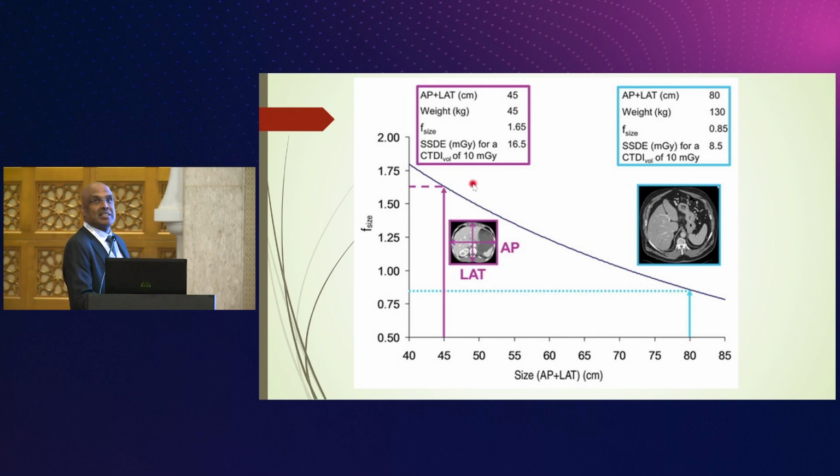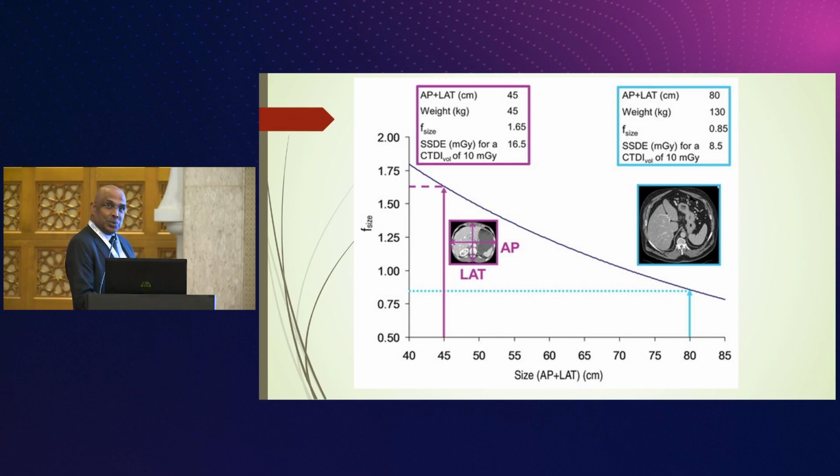The conversion factor tells you, because of the patient size, how much more or less than what the CT scanner reports is given to the patient. For a large patient with the same CTDI volume, they only get 8.5 because the conversion factor is 0.85. So as the patient size increases for a given CTDI volume, the size-specific dose estimate decreases, and this gives us a better representation of how much radiation the patient is exposed to.